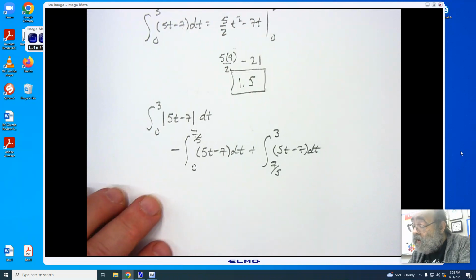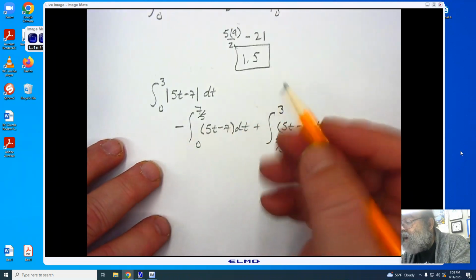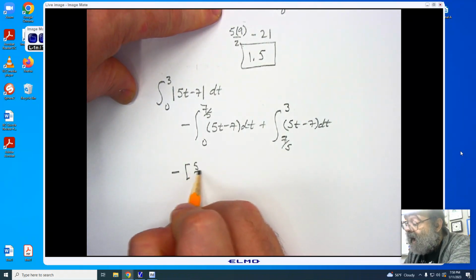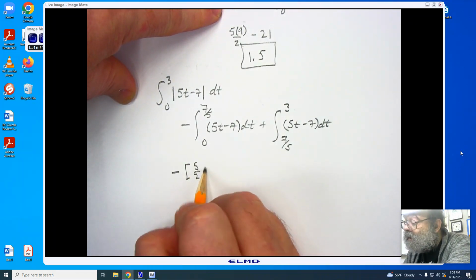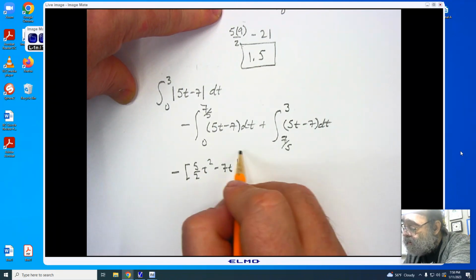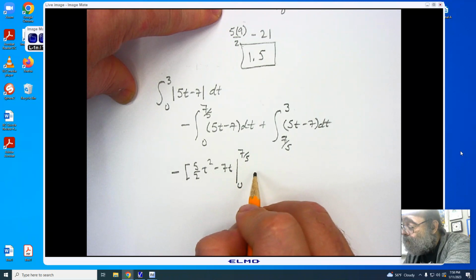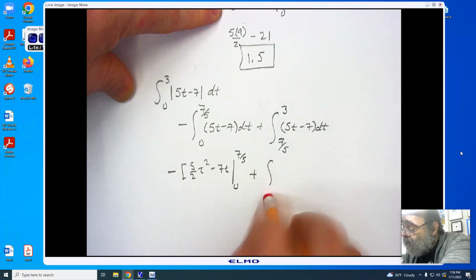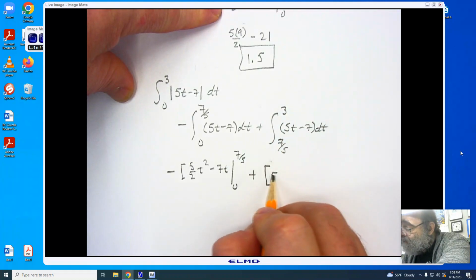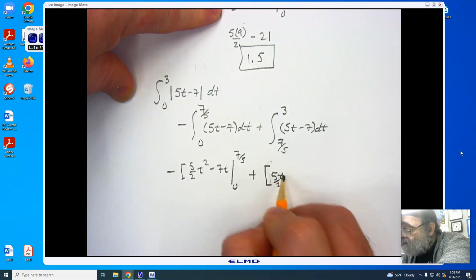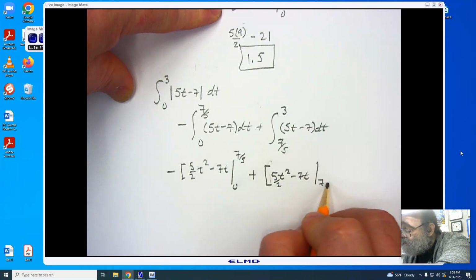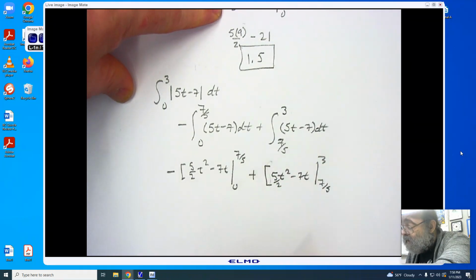And we're now going to evaluate each of these following the same pattern. So we have a minus 5 halves t squared minus 7t, and we're going from 0 to 7/5, plus, now we're doing it again. This time it's a positive, and we have 5 halves t squared minus 7t, and we're going from 7/5 to 3.